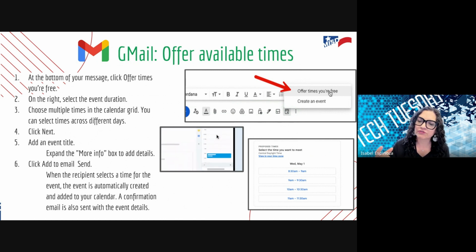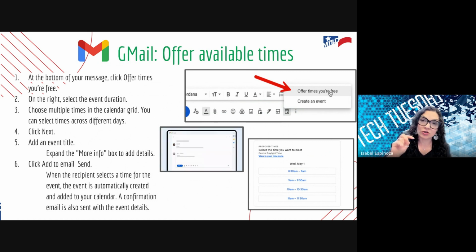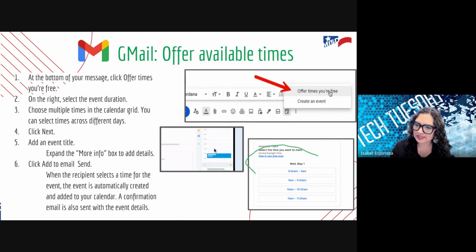If you offer times you are free, you get this screen showing here on the right, and you choose from whatever dates you are available. You choose the times, you choose how long they're for, you create the title, and the person will get an email that looks like this. They will be able to choose any of the available times that they want, and it'll automatically add it to your calendar and their calendar. If you send it to multiple people, it'll only add it for the first person that chooses the time.